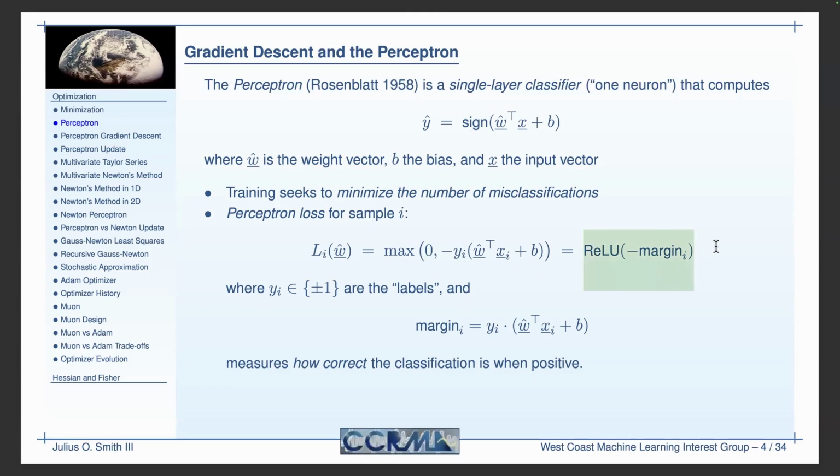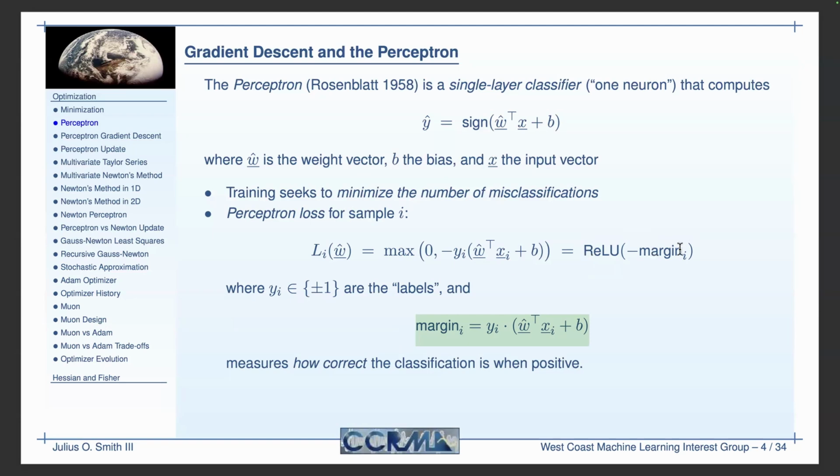You can actually formulate it as ReLU of minus margin, where margin is how much it exceeds the threshold. And so when it's positive, when it's correct, then the margin is how correct it is, you could say.